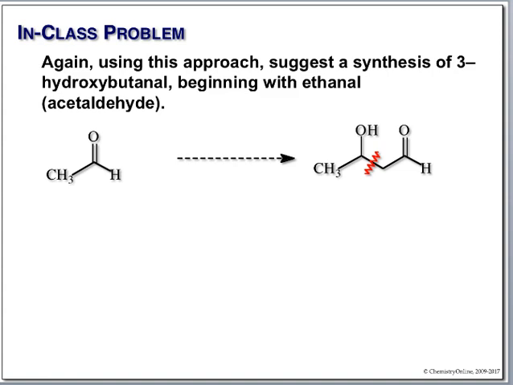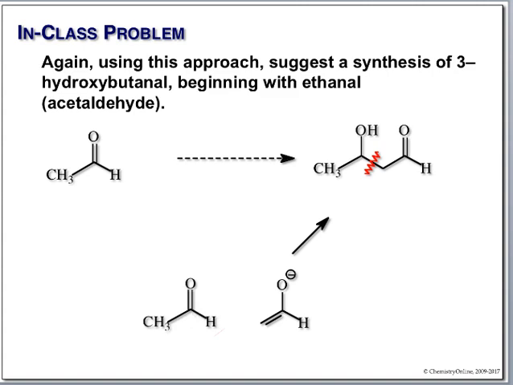Well, we could have done it simply by taking our enolate anion, and this carbon has to attack something that's going to give us an OH, hydrogen, and a methyl group. What is that? Why, it's another mole of ethanal.